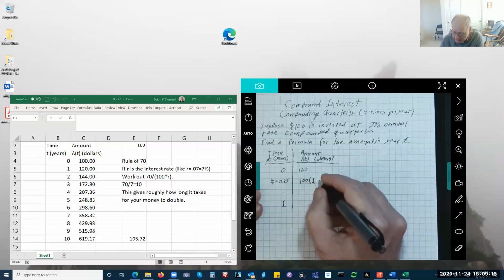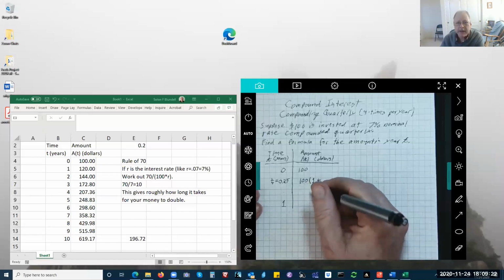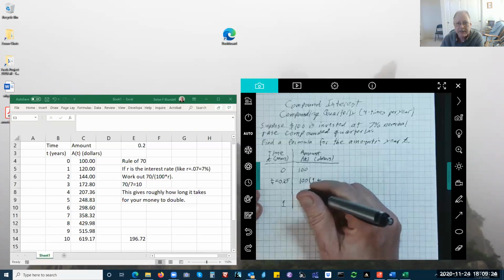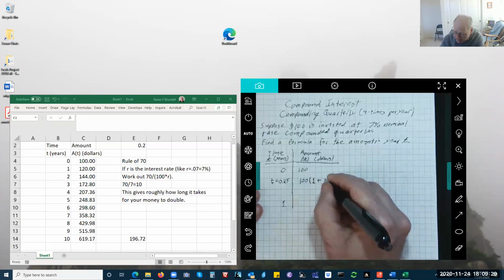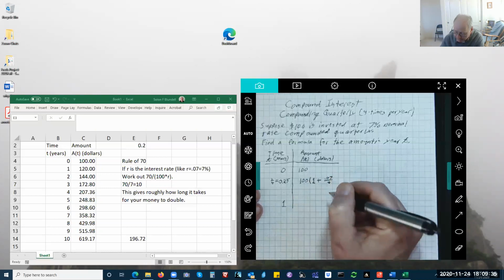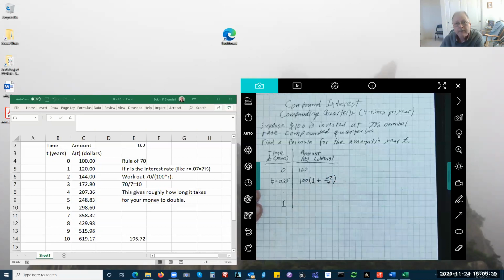They give you back the $100, and they give you some interest. They don't give you 7% of the $100. That'd be $7. They don't do that. They give you 1/4 of the 7%. All right, so that's half of 3.5%, whatever that is.